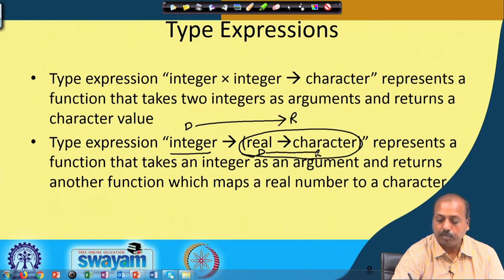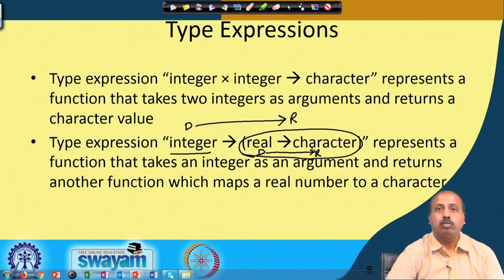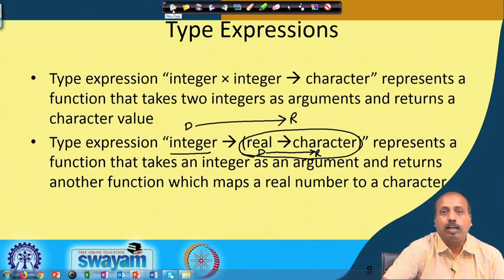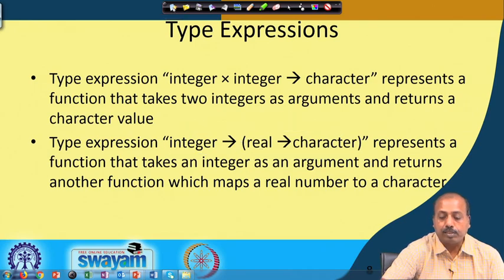So, it is mapping from D to R. That way you can say that this return type is also a function. So, from domain D, integer, it is returning a function which can take a real argument and return a character value as the answer. So, this way we can have these function pointers also associated with certain types.